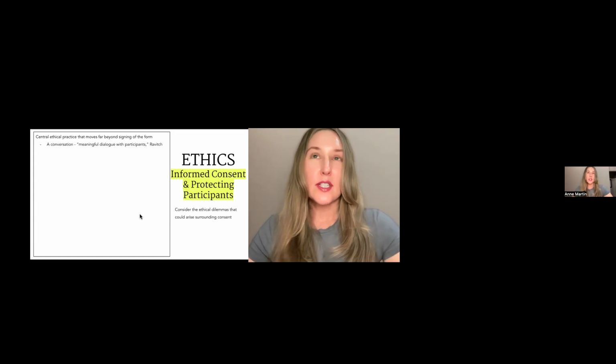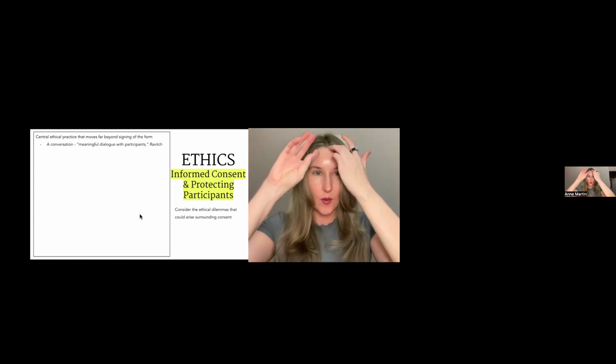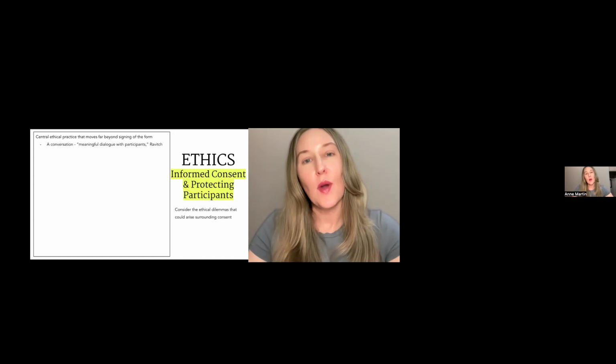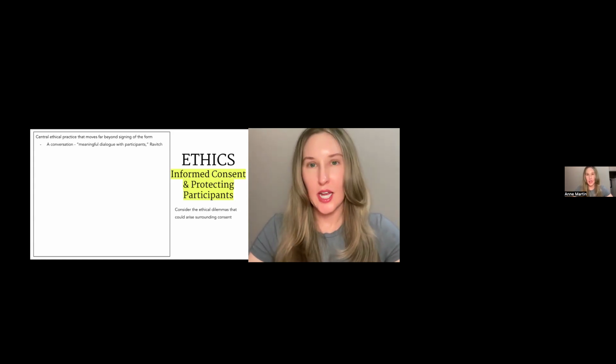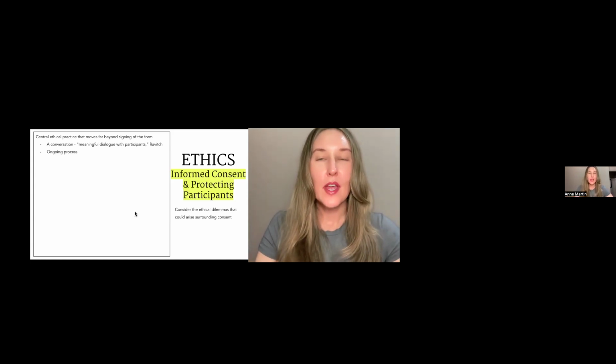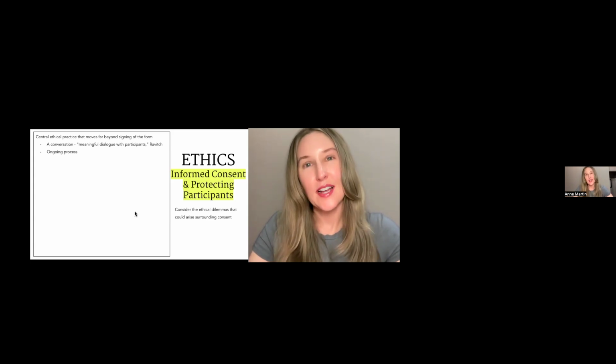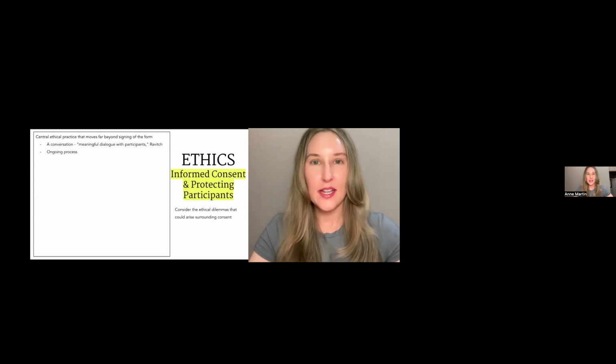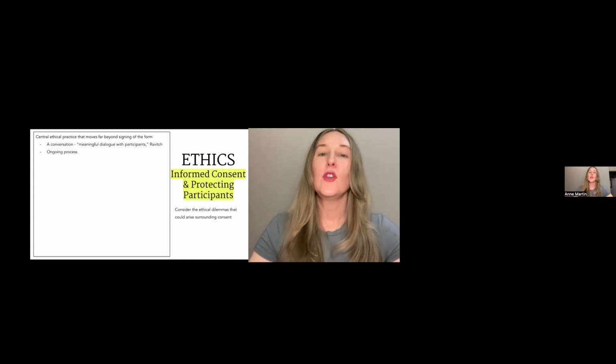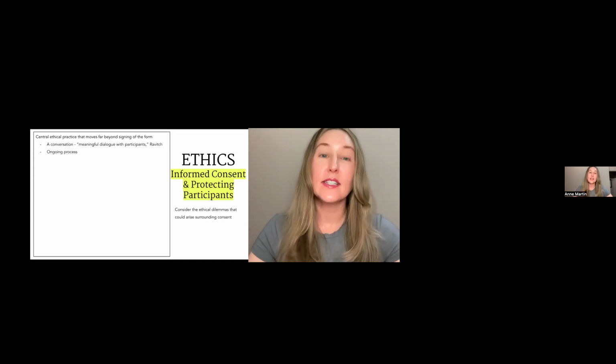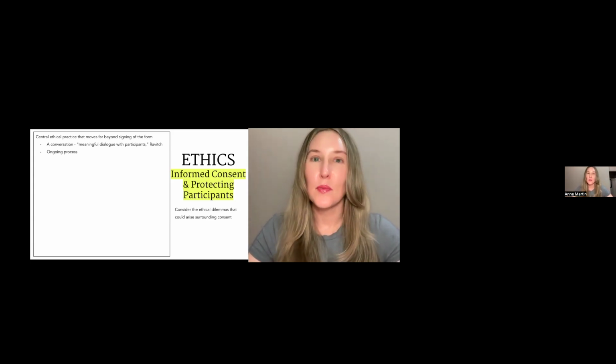Some scholars conceptualize informed consent as a conversation. Ravitch talks about it as a meaningful dialogue with participants and an ongoing process. So as far as the IRB is concerned, for informed consent, you sign the form to gain consent, even though those consent forms say that participants can withdraw at any time.